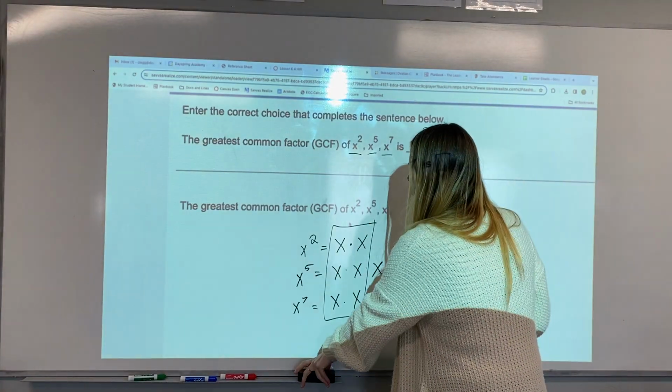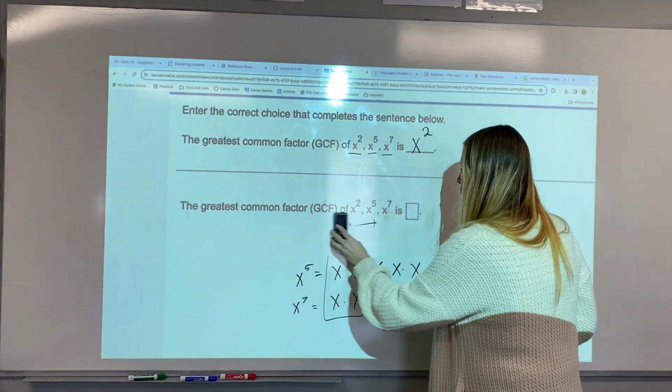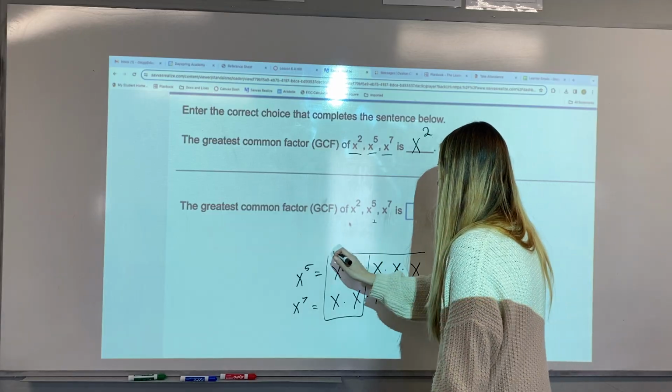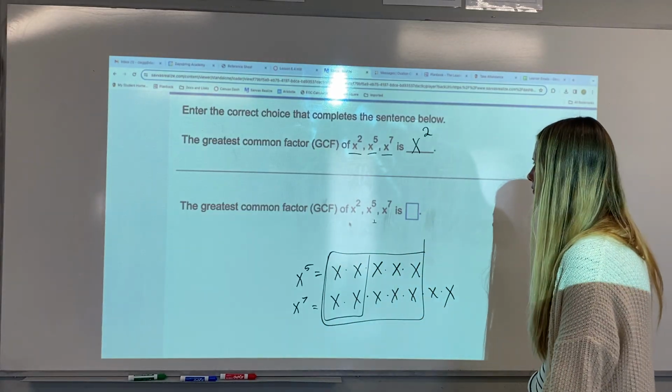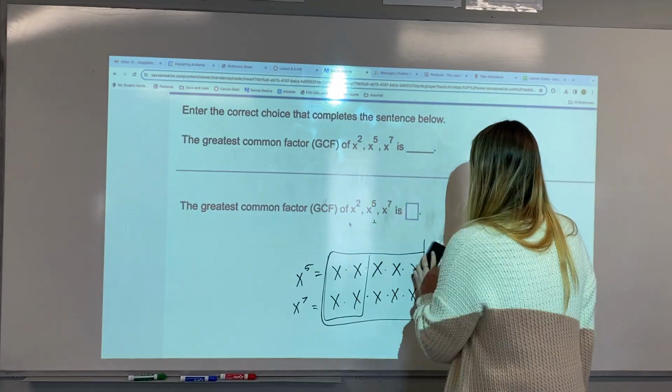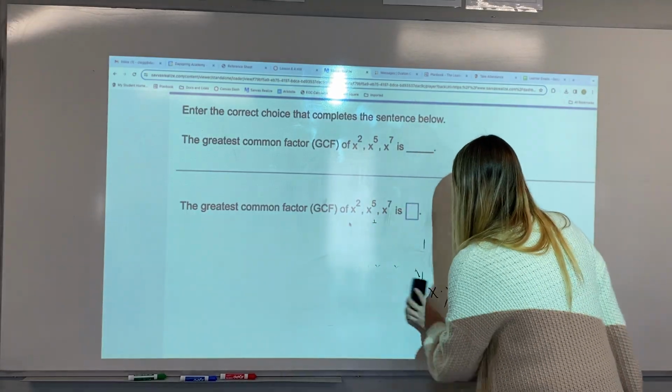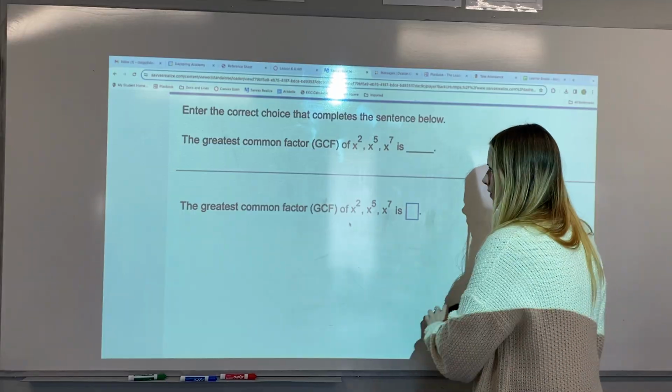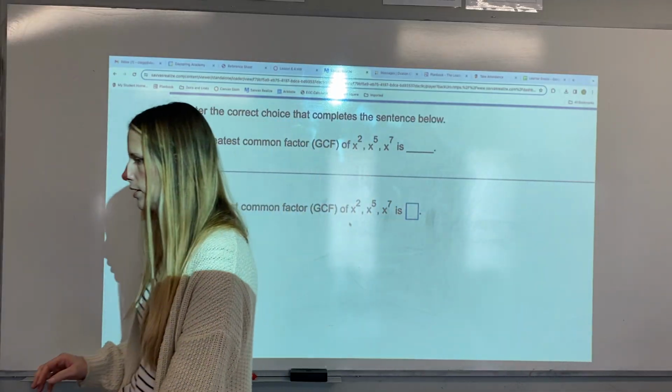If the x squared wasn't part of this, and it asked for the GCF, it would be x to the fifth. But since there is an x squared, that is going to be the greatest common factor. Make sense? Good, you just learned a lesson today.